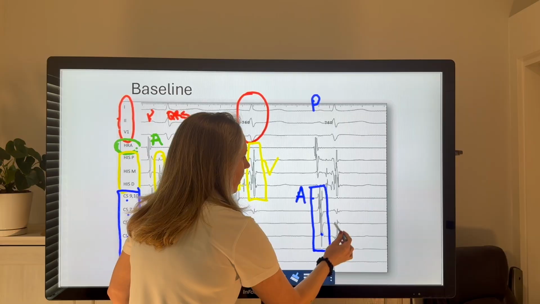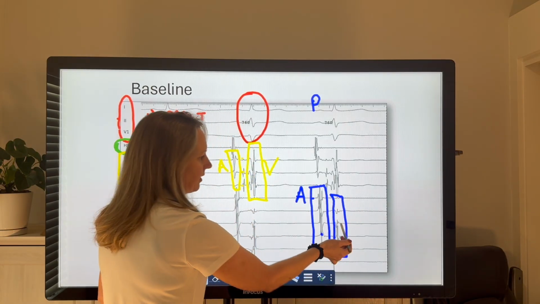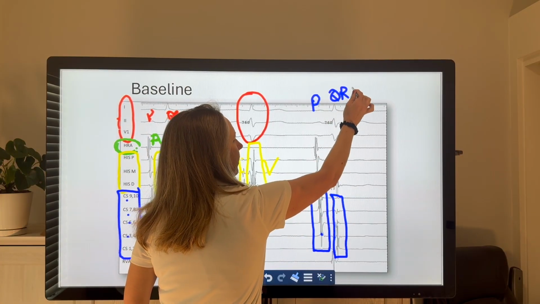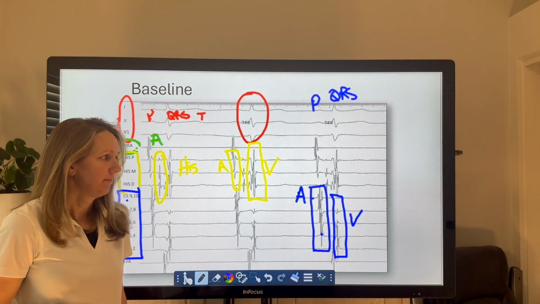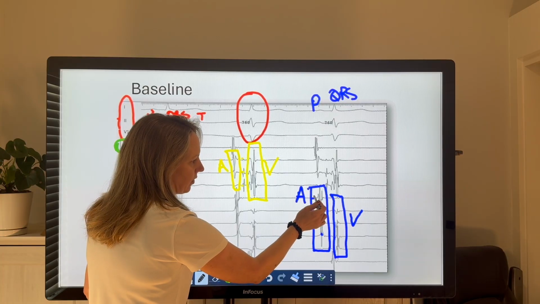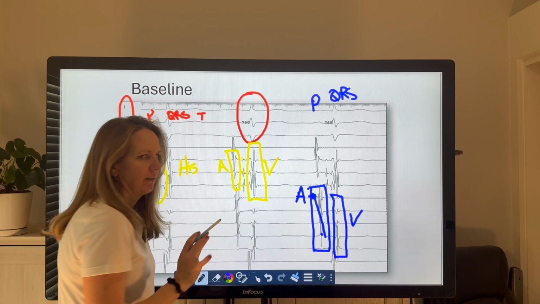Okay. And then this signal here, this little smaller signal, is the V lining up underneath our QRS. So that's ventricular activation. Okay. And we notice that the atrial activation goes from right side to left side. There's a slight little lean to that.